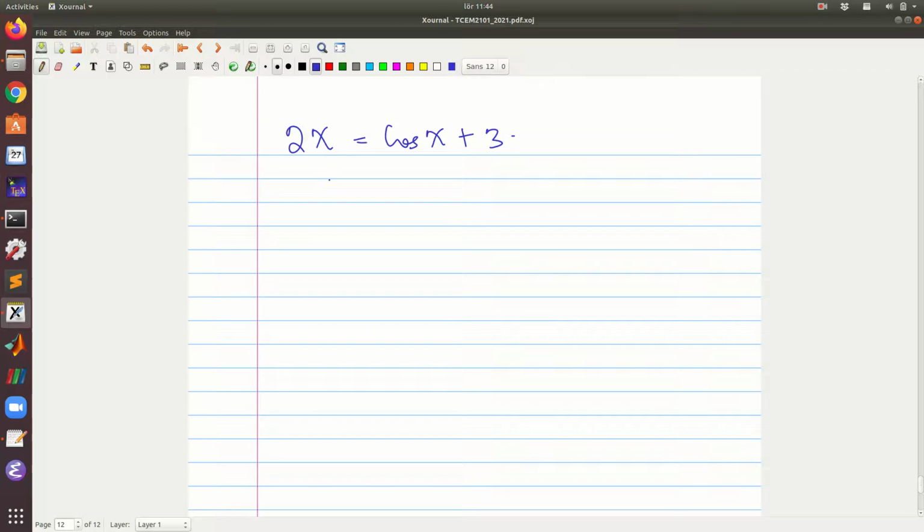What we want to do is make this x equals f of x, so perhaps we could just write it as it is, cos x plus 3, such that we have this in the form x equals phi of x. Okay, let us just write it like that.